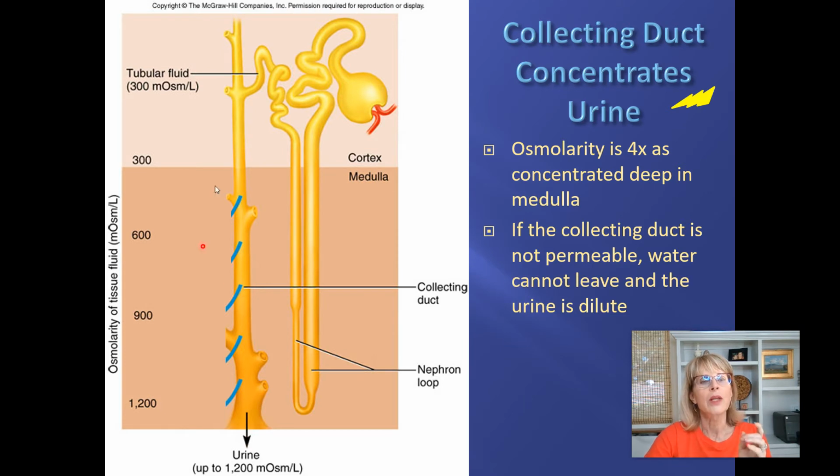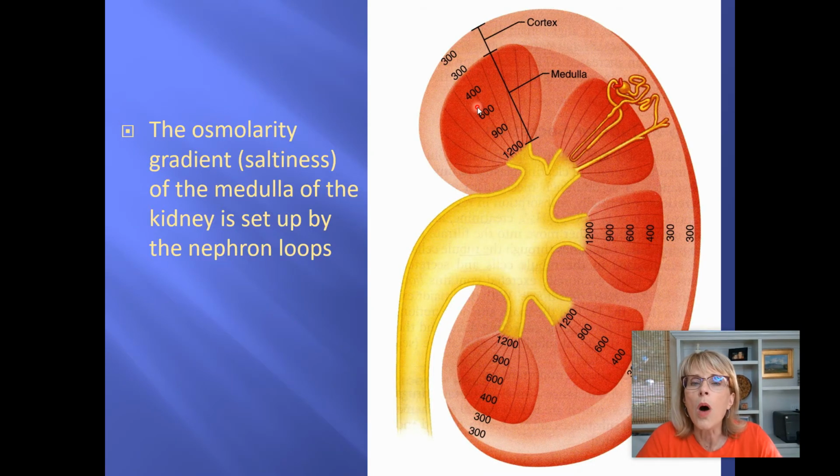By that I mean, sometimes the collecting duct will not allow water to leave. Water, as it goes through this collecting duct, wants to go from whatever concentration it is into this hypertonic area on the outside. When the collecting duct is just like a plastic tube, it doesn't matter what the water wants, the water can't leave.